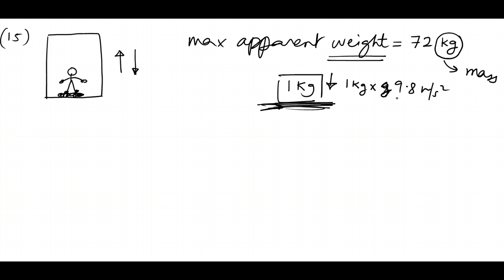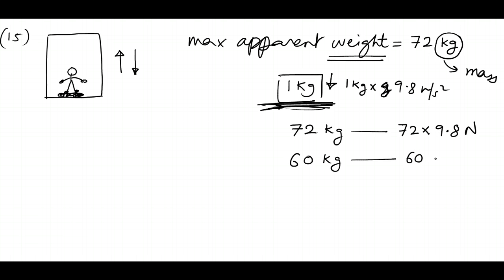So that's the conversion actually. When the question says that the maximum apparent weight as recorded by the weighing machine is 72 kg, what is meant is 72 multiplied by 9.8 newtons is the maximum apparent weight, and likewise the minimum apparent weight recorded by the weighing machine is given to be 60 kilograms, but obviously it's actually 60 multiplied by 9.8 newtons.